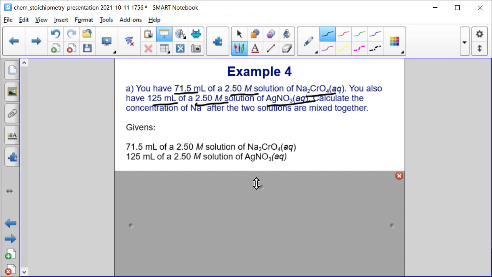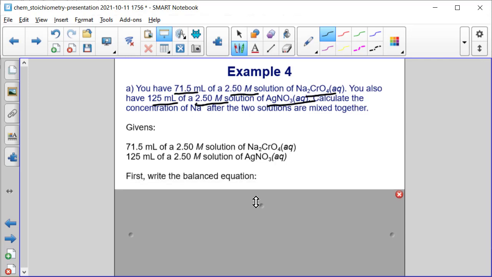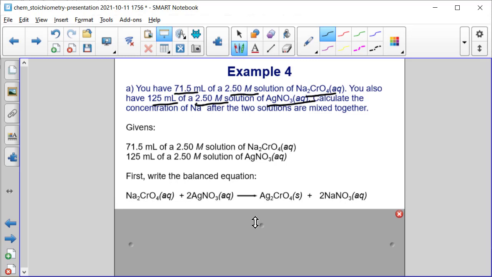Okay. The next thing I'm going to do is write a balanced equation. So I'm combining this Na2CrO4 with AgNO3. My products are, now this is a precipitation double replacement reaction. So now we have sodium with nitrate, NaNO3, and silver with CrO4, so Ag2CrO4.